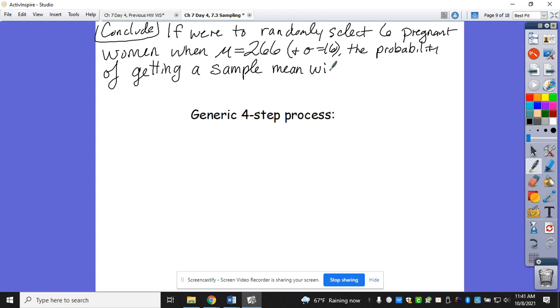Oh, because I changed it. Sample mean of more than 270 days. 0.2, what was it?